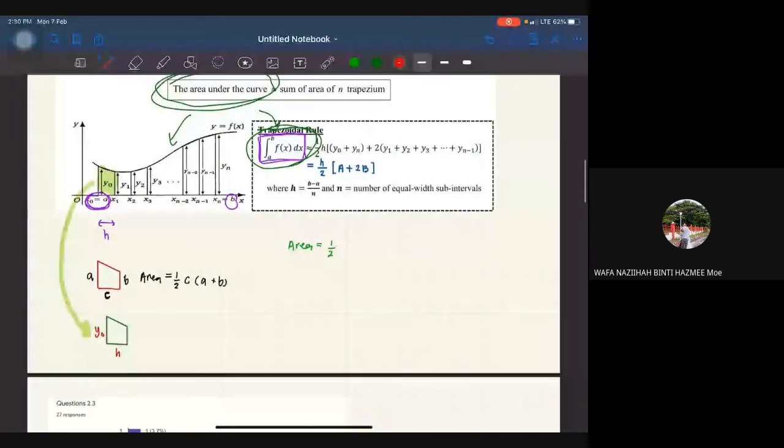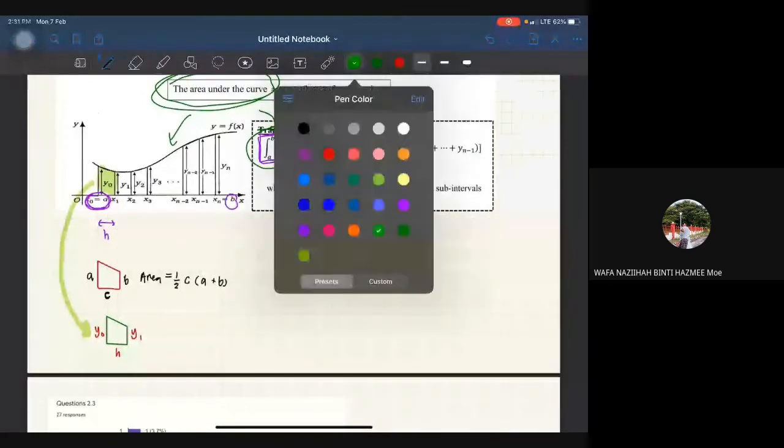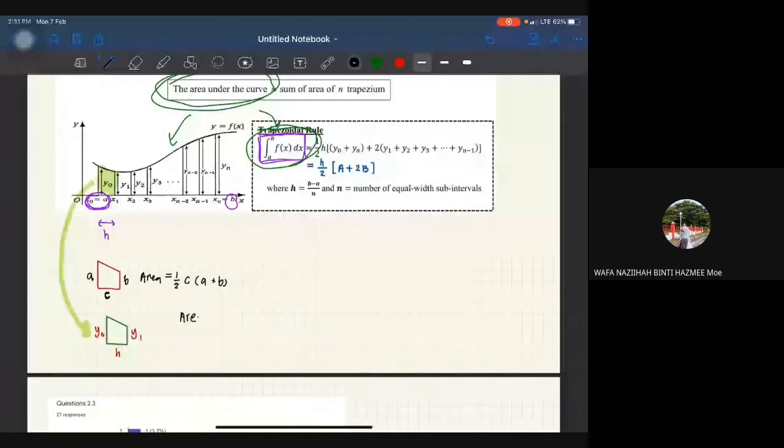And then yang belah kanan, yang ini adalah Y1. Okay, so untuk kita cari area dia, saya gunakan warna hitam. So it's going to be area equal to 1/2 times H, lebar, and then times Y0 plus Y1. Okay, so itu adalah trapezium yang pertama.